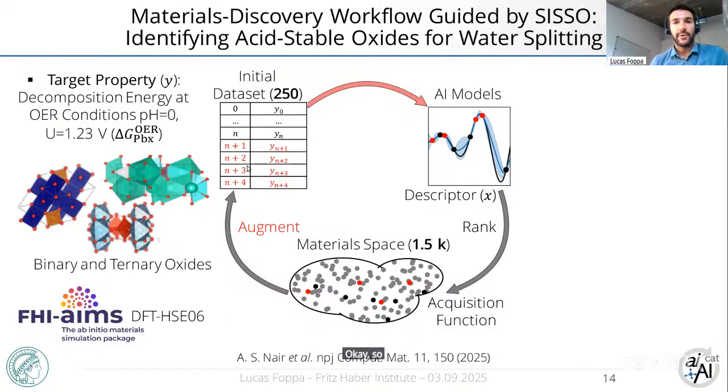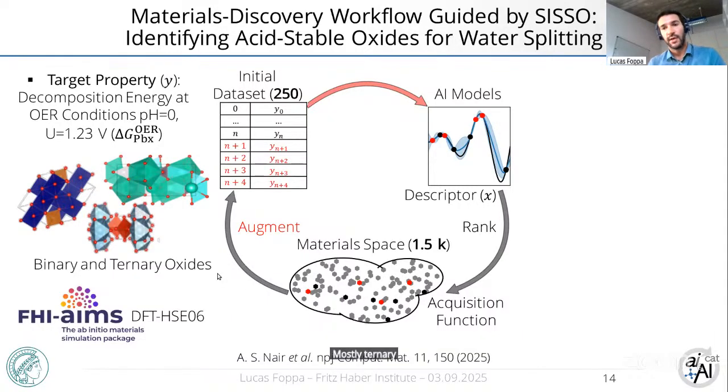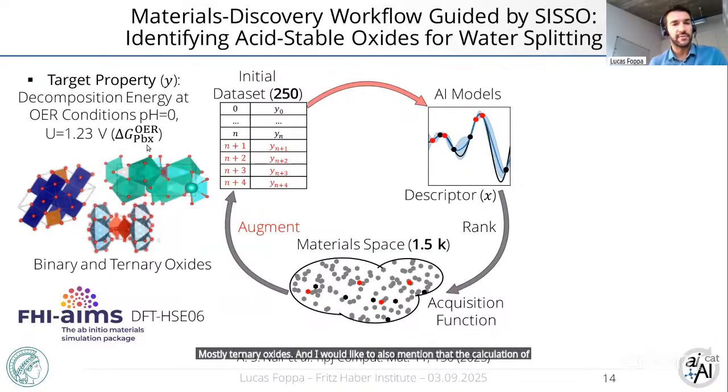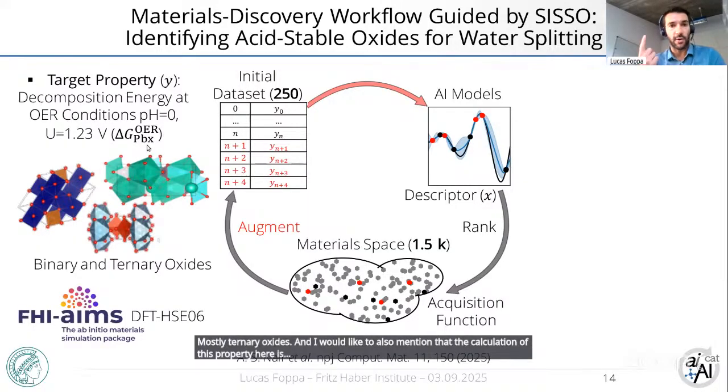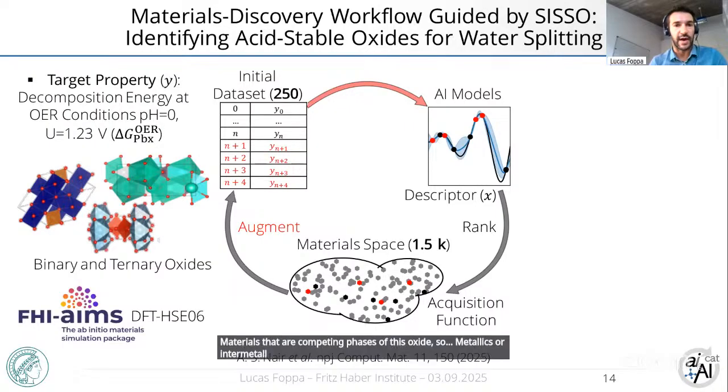Okay, so now our initial data set is going to be 250 materials, so oxides, mostly binary. And our material space is going to be a space of more than 1,000 materials, mostly ternary oxides. I would also like to mention that the calculation of this property for one oxide involves the evaluation of many different materials that are competing phases of this oxide, so metallics or intermetallic materials, hydrides, and so on.